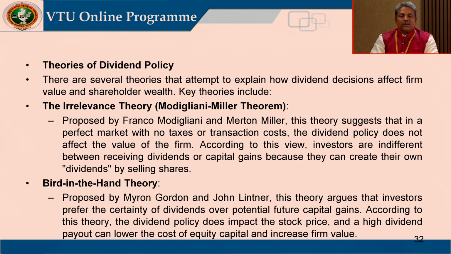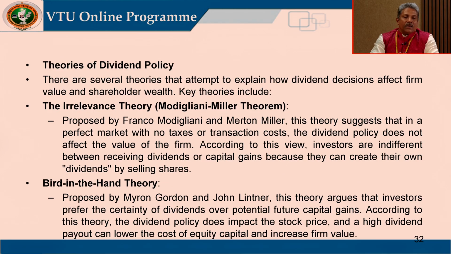First of all, the theory given by Modigliani and Miller. Modigliani-Miller's theory of dividend is called the irrelevance theory. Irrelevance theory, as the name itself suggests, says that in a perfect market condition with no taxes or transaction cost, the dividend policy does not affect the value of the firm.